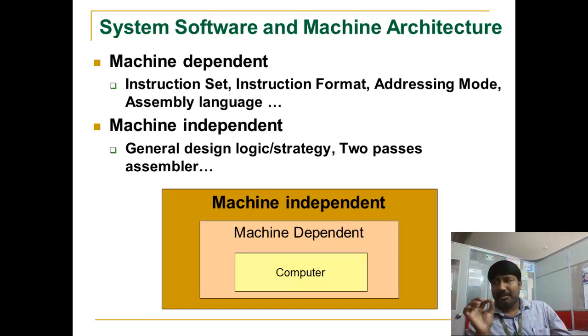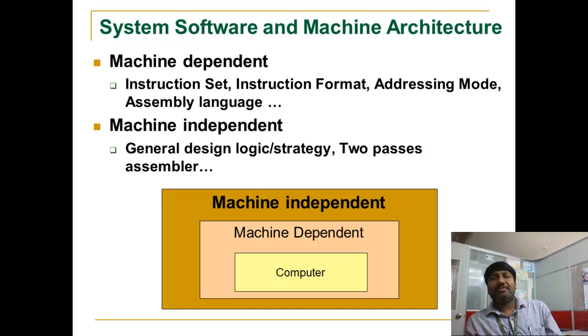If you take the computer, machine dependent things are there, machine independent things are there. Machine dependent means with respect to the machine we will define the instruction set, instruction formats, addressing modes, and assembly languages.